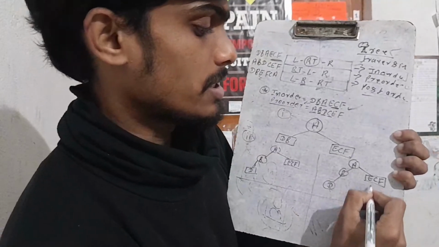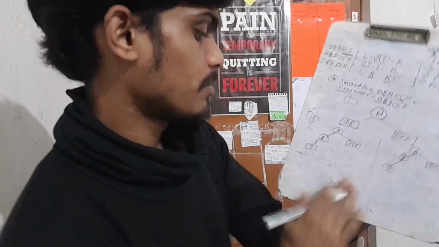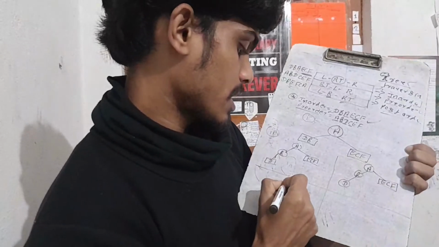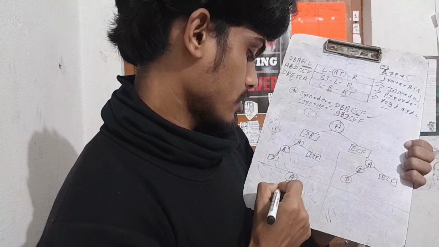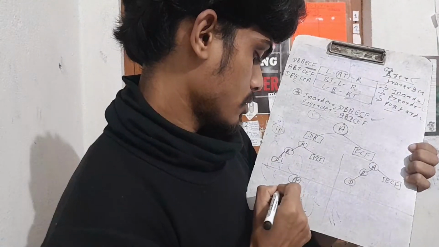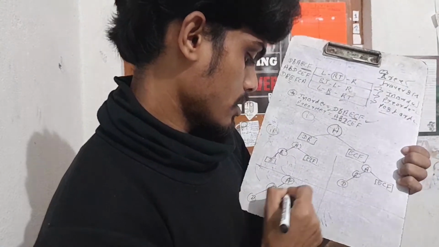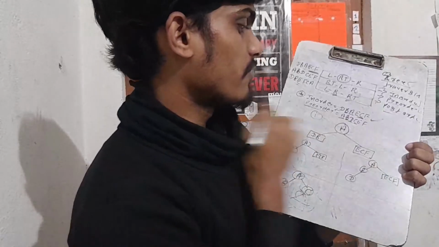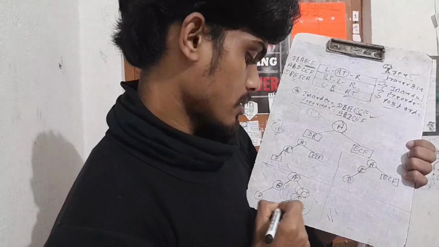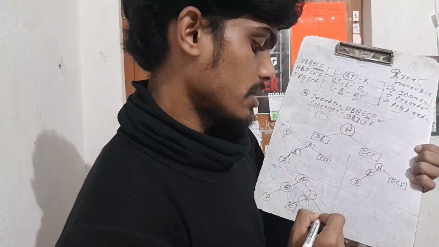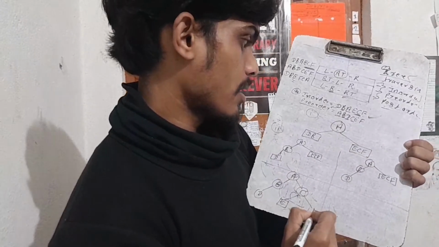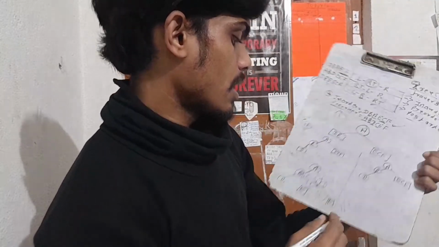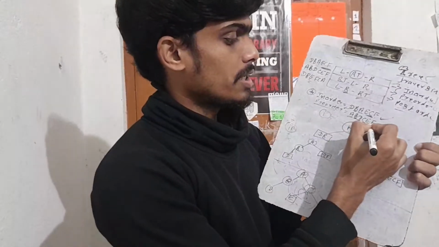So we can easily write in the next step a, b, d, and here c, and the left of c, e, and the right of c, f.